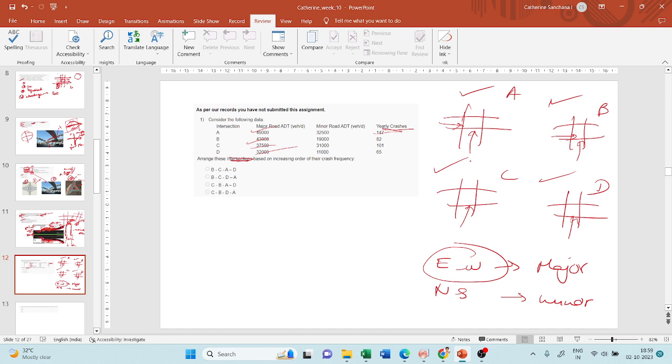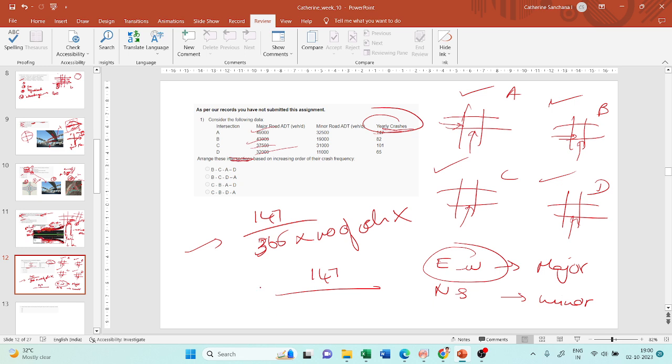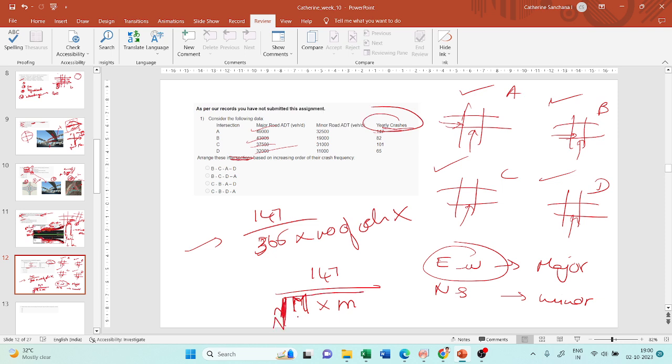Now you cannot simply take crash frequency as number of crashes divided by number of days or number of vehicles, so there is a specific formula to find out crash frequency, which is number of crashes per year divided by traffic volume on major road, let us take this as capital N, into traffic volume on minor road, let us take this as small m, and this should be written in thousands. So let us see what it means.